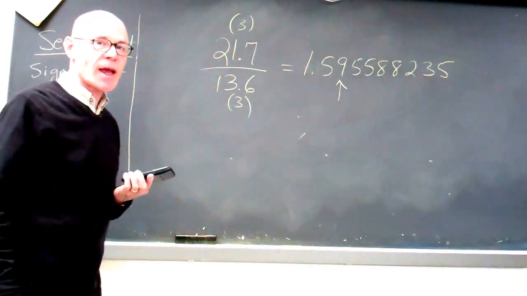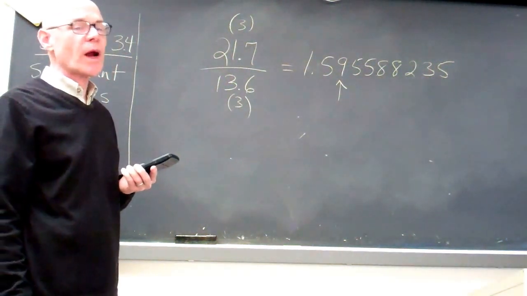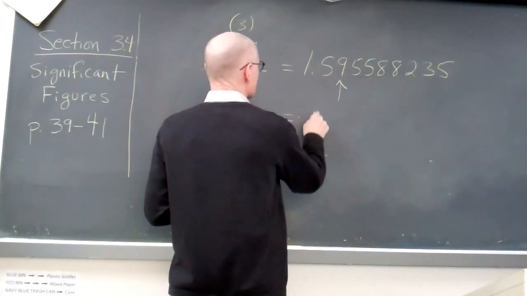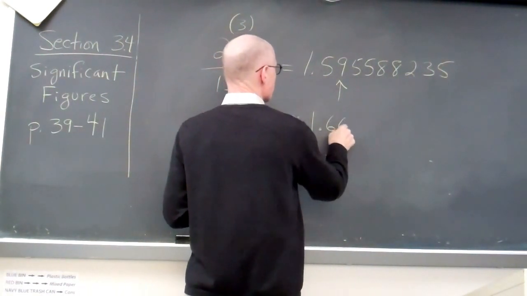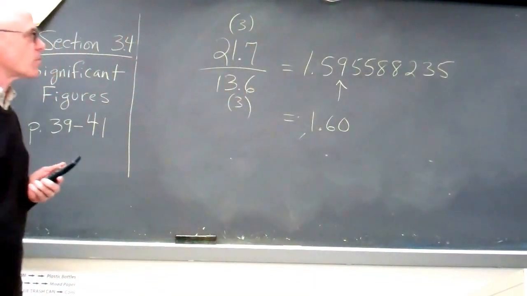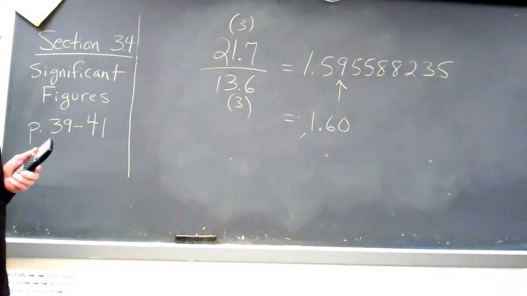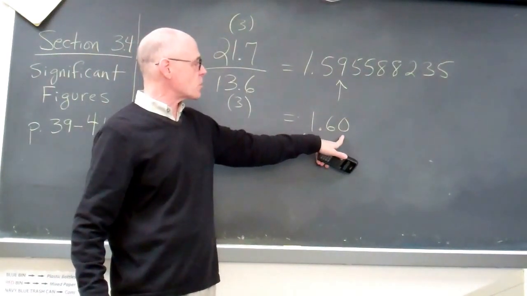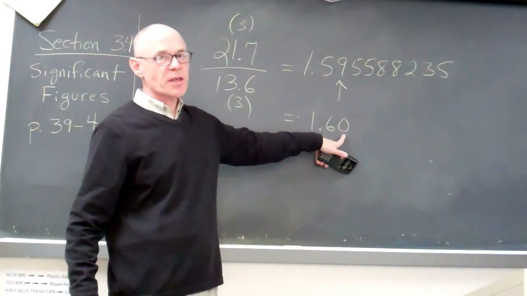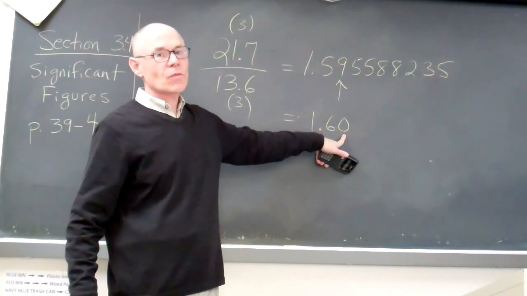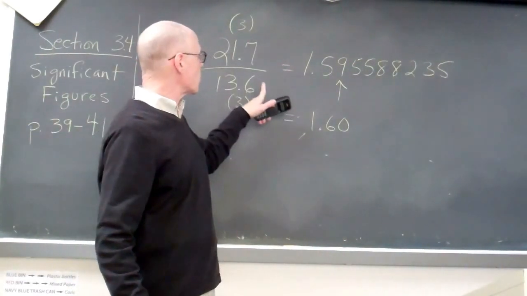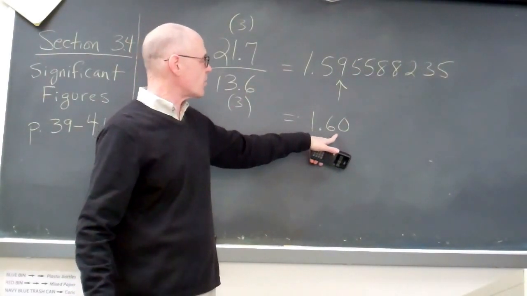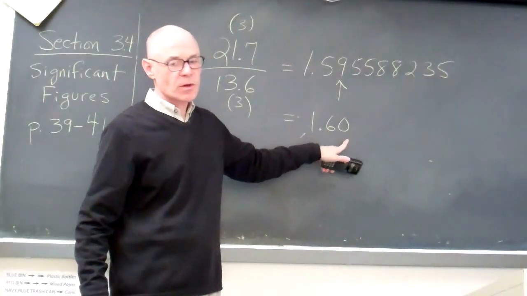And are you rounding up or down? Rounding up. So your answer is 1.60. The 9 gets rounded up. In this kind of a problem, make sure you don't just drop the 0. The 0 is significant, and the only way you can express 3 significant figures is 1.60.